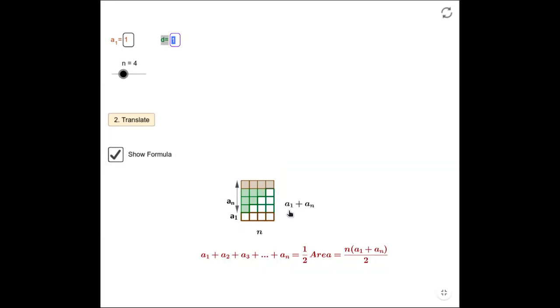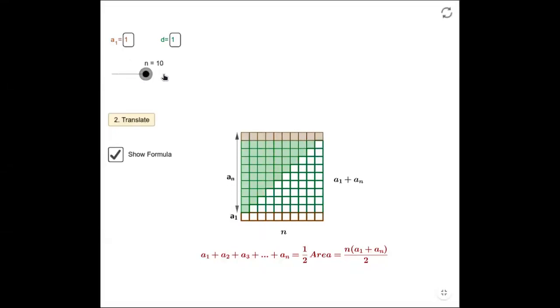So half of this area. This is a1, this is an. Half of this area is nothing but the sum of n terms. You can observe by changing to 7, 8, 9, 10.